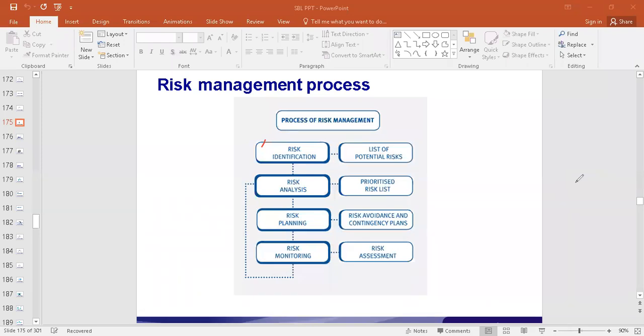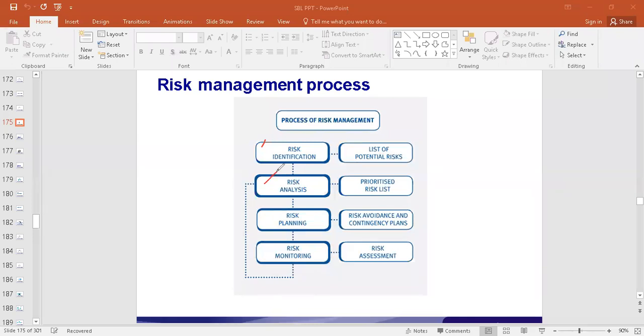Prioritize these risks, and then take up that risk and manage that risk. So prioritize the risk and respond to the risk in terms of managing that risk. So the second step is risk analysis, prioritize them and take up the course of action.